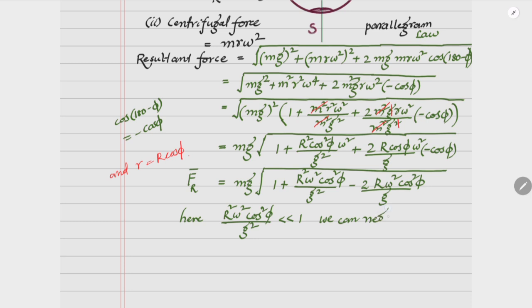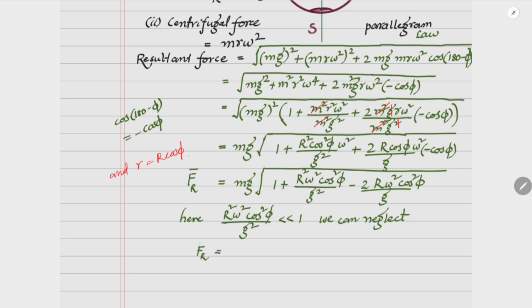If you need the original value, you can use the full factor, then you will get the accurate value. But that will not give much difference, so that is the reason we are neglecting that term.